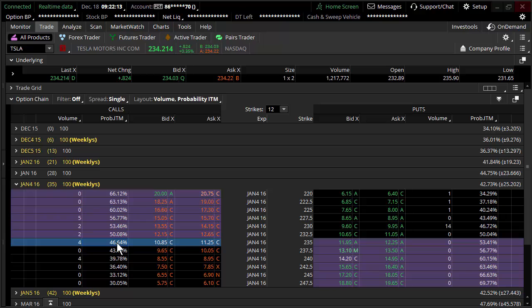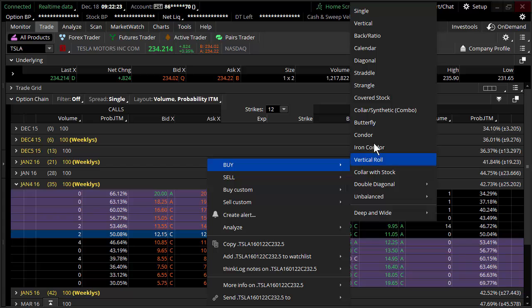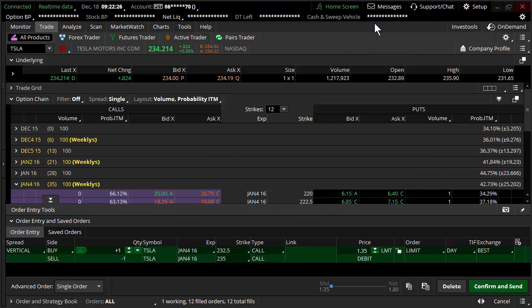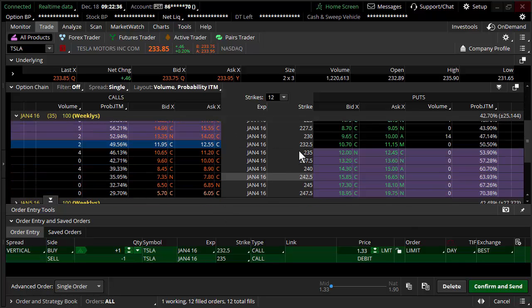I'm going to build it, then I'm going to explain it. In this case, I'm going to right-click on the 232.5, go to buy, and all the way up to vertical. Left click on vertical, and immediately on the thinkorswim trading application, it'll populate a vertical spread. The vertical spread I've brought up, and I'll show you the option chain at the same time, is the 232.5, 235.